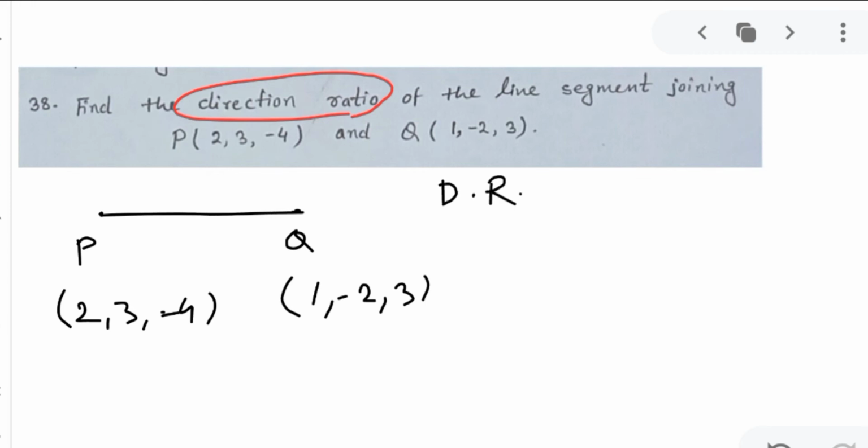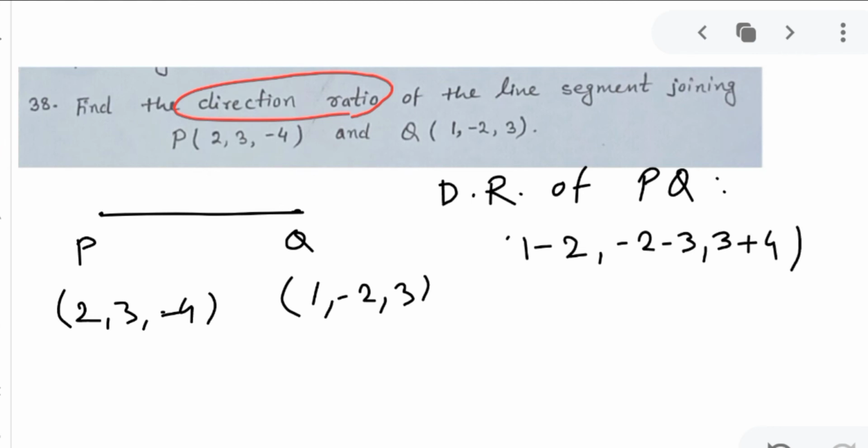The direction ratio of PQ is x2 minus x1, which means 1 minus 2, then y2 minus y1, so minus 2 minus 3, comma z2 minus z1, so 3 minus of minus 4, which is minus minus plus, so 3 plus 4.